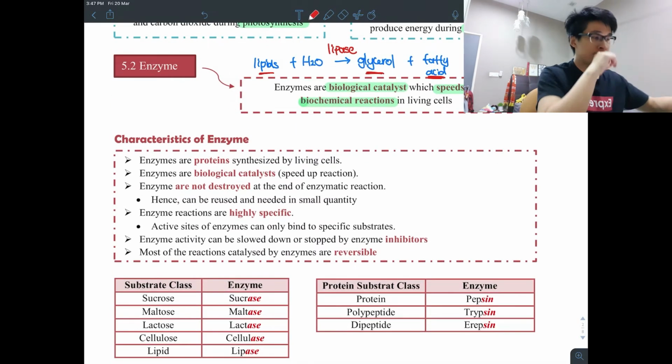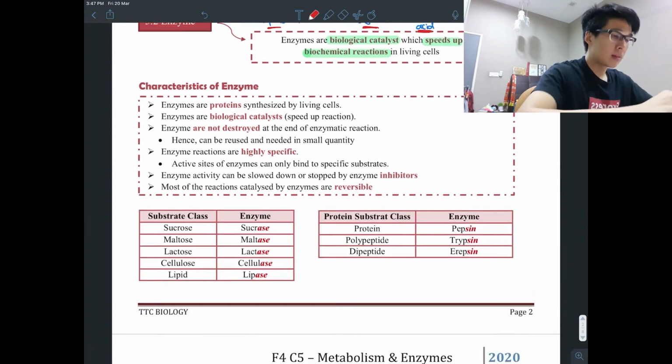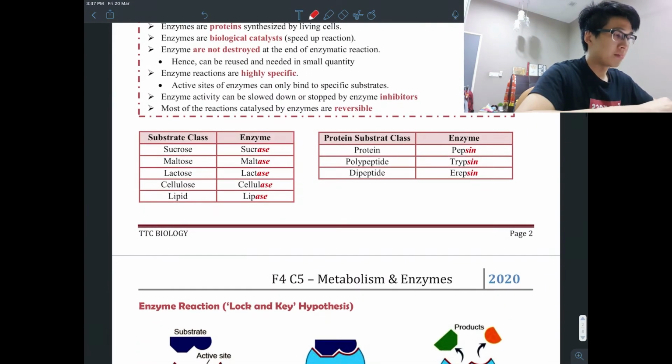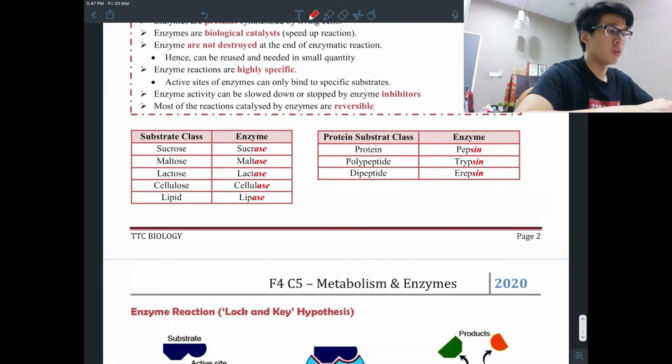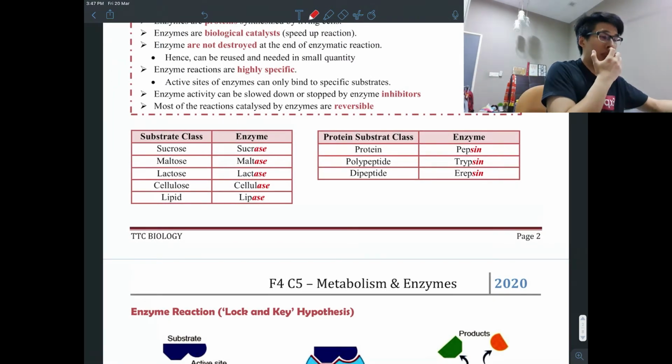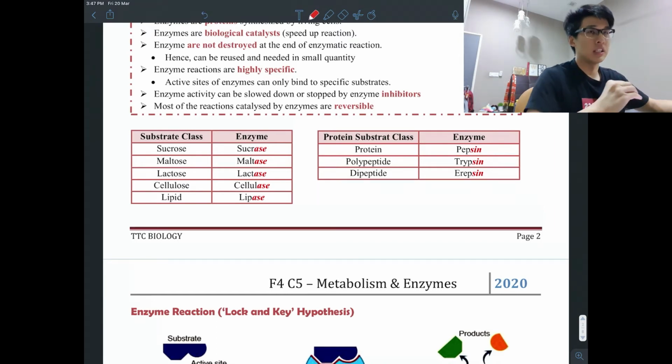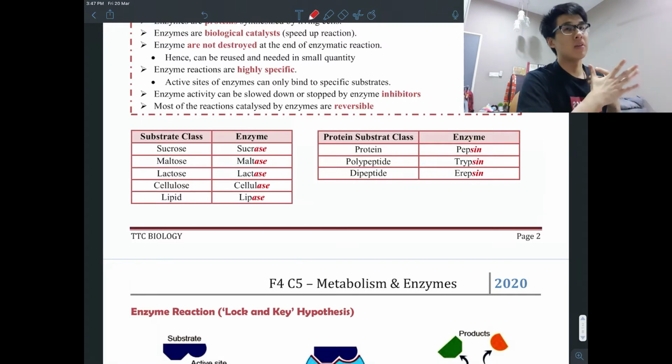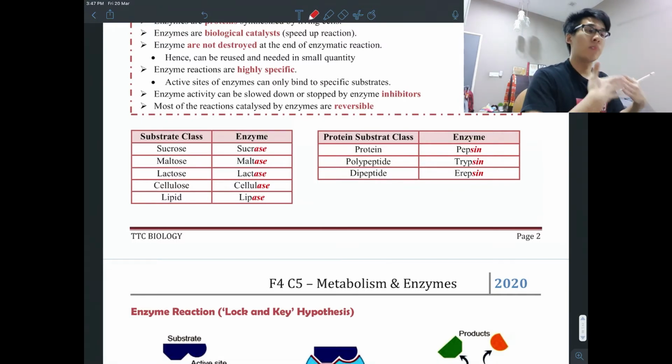Okay? So here are all the examples of enzymes that you will learn or come across. These enzyme names you don't really have to memorize seriously in this chapter, because in chapter 10, during digestion, we will go through each one in detail.